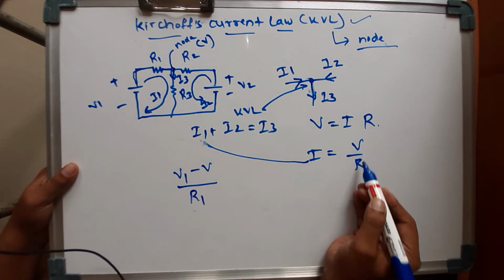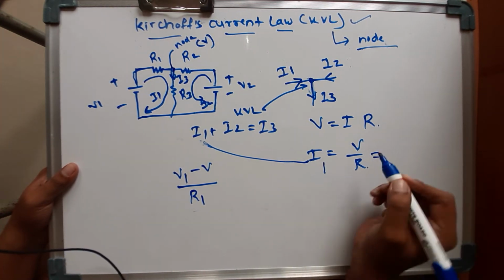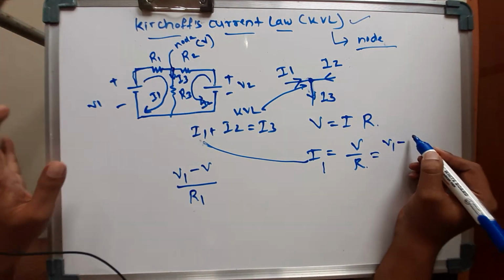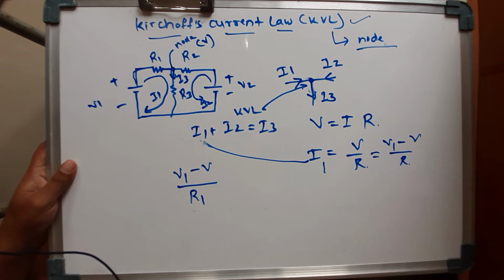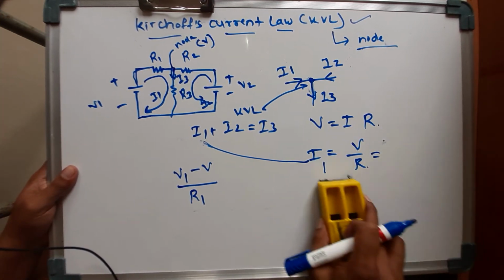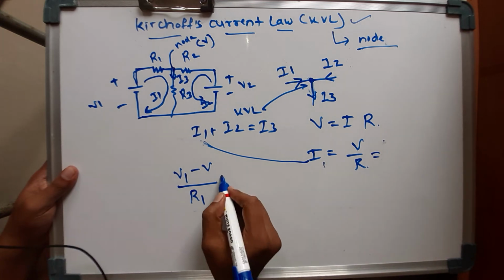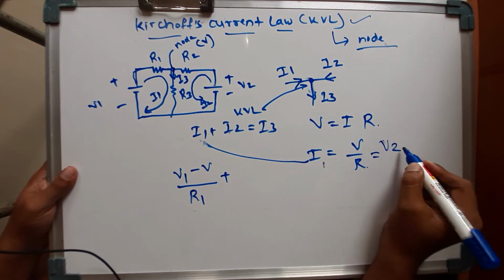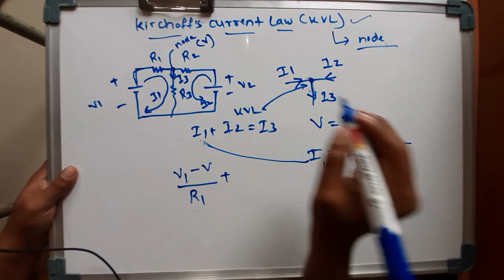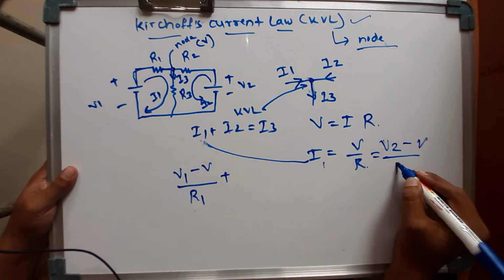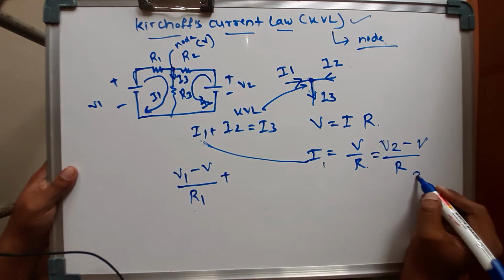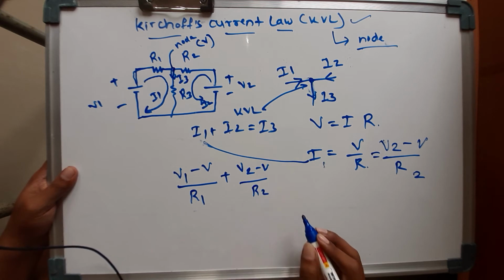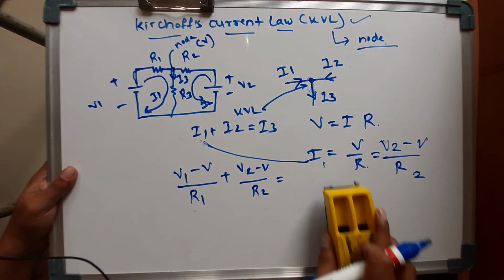Here we put I equal to V by R. Similarly, I will write down the equation for I2. For I2, the starting voltage is V2 minus the leaving voltage V, divided by R2.